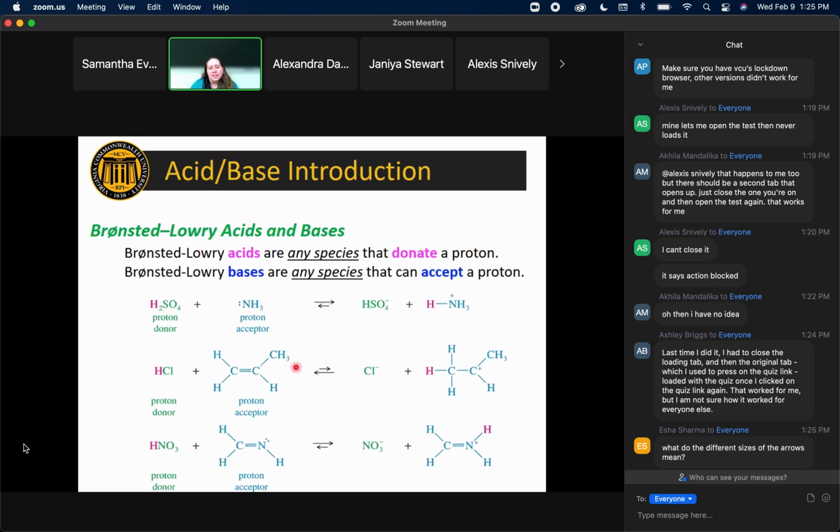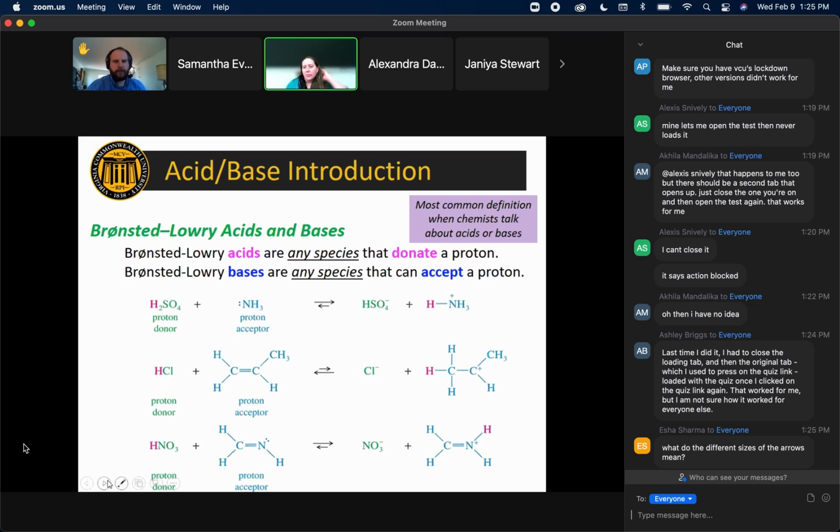In this middle case, it's not as far in this direction, so the equilibrium actually lies with the reactants. We'll see some more of that when we get into pKa in five-ish slides from now. Okay. Again, Bronsted-Lowry acids and bases are the most common types of acid-base things that we as chemists talk about.